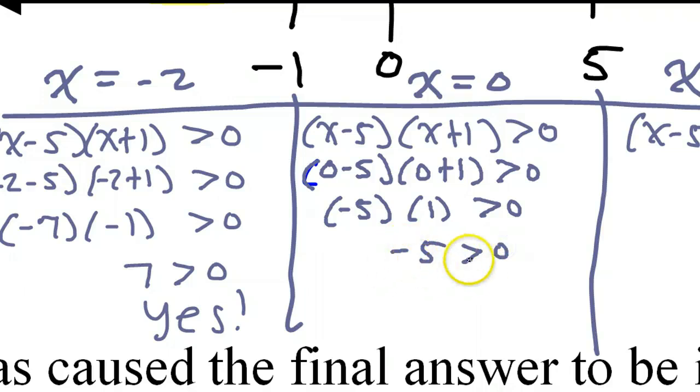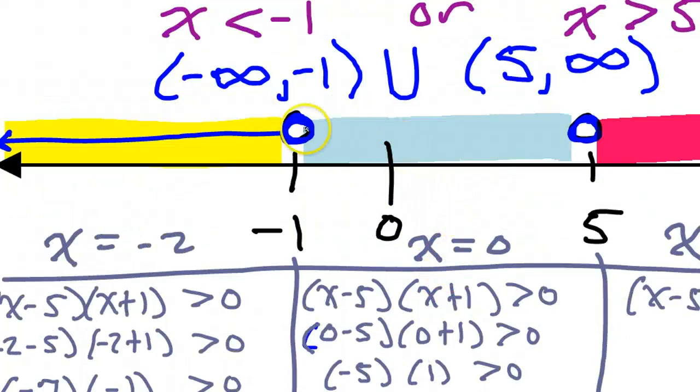Now, is negative 5 greater than 0? No, negative numbers aren't greater than 0, they're less than 0. That means 0 is not a solution. That means none of these blue values are solutions. And we will represent that by leaving this area blank. Okay, so we've done this. We'll leave this empty because these are not solutions.